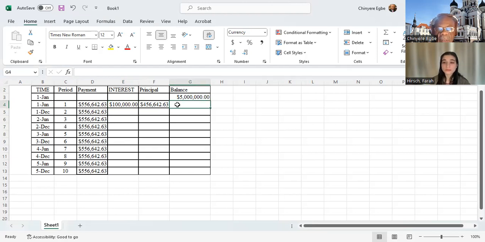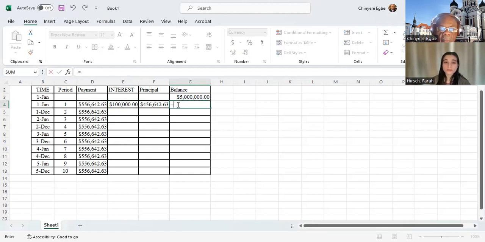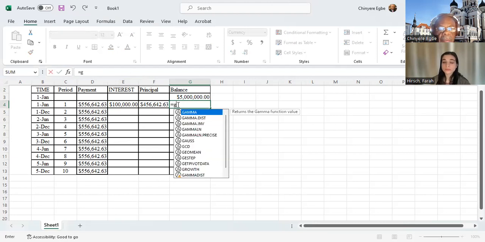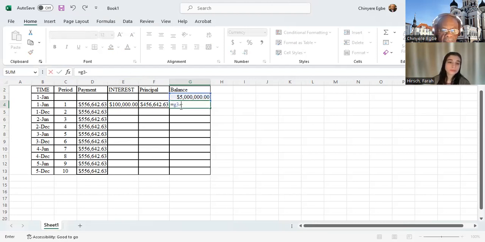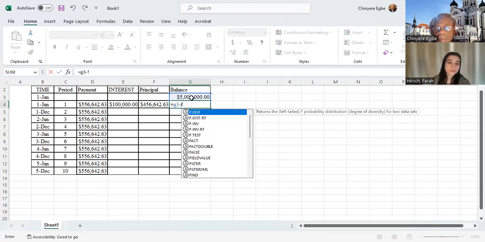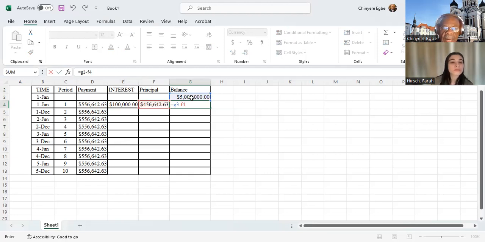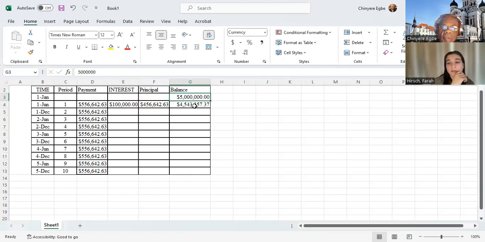So now the balance on your loan will be equals G3 minus F4. That is the balance that was at the beginning minus the amount of credit that you get. You get it? This is your balance.